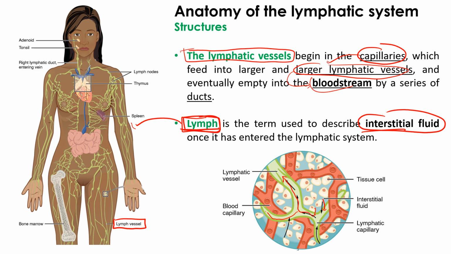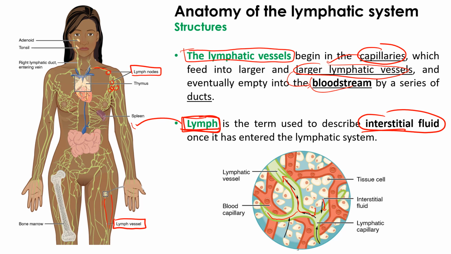So we can see here many tiny lymphatic vessels, and very important, they will connect to these nodules or nodes called lymph nodes. And they play a role in the immune system, as we're going to see.